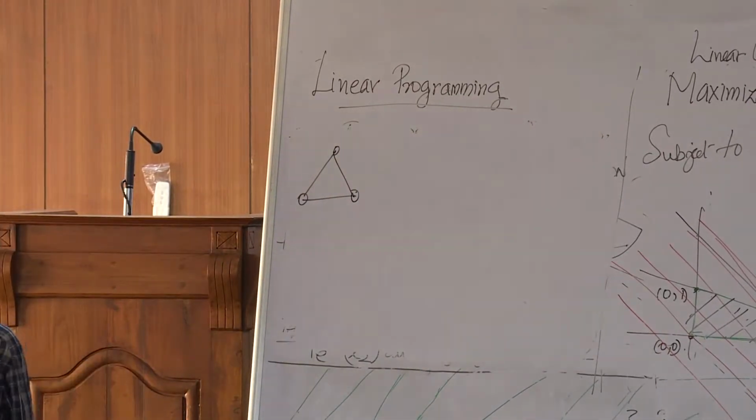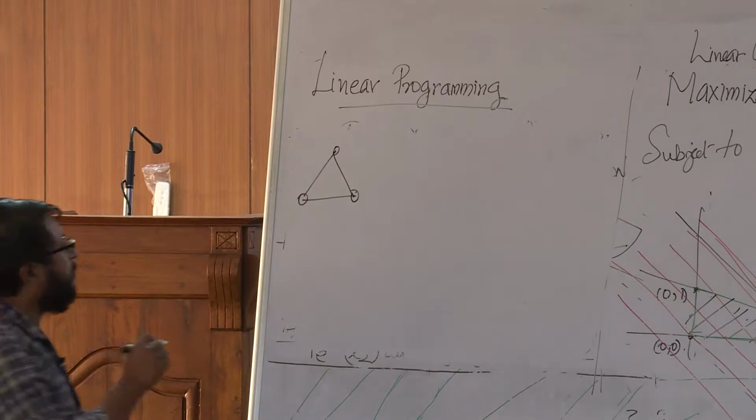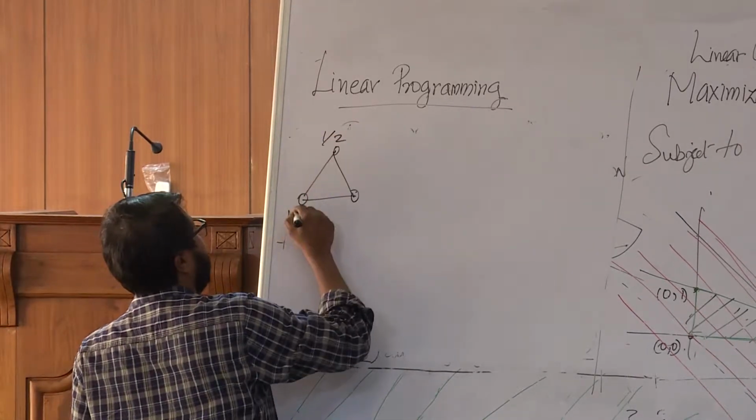let's try to formulate vertex cover this way. What is the vertex cover formulation for this? Yeah, this is half, we have already seen, right?